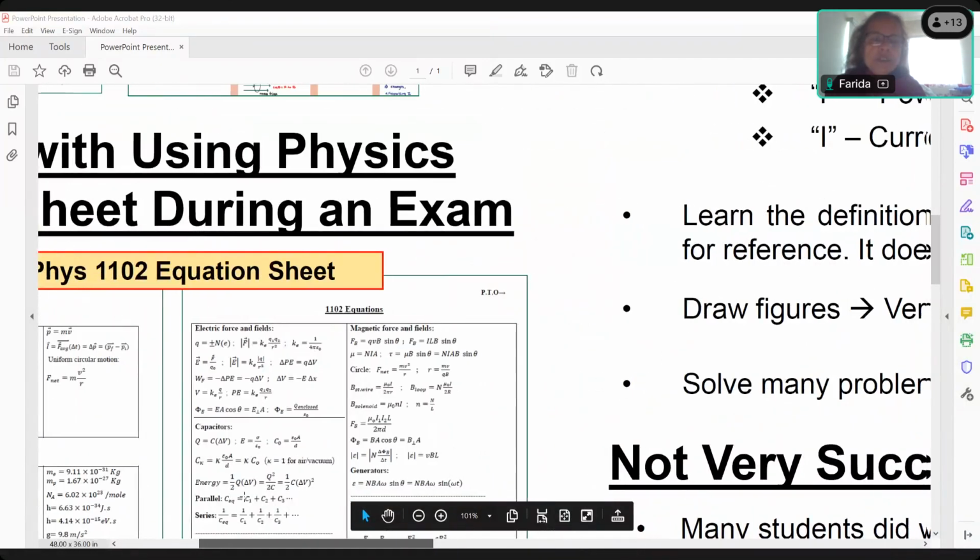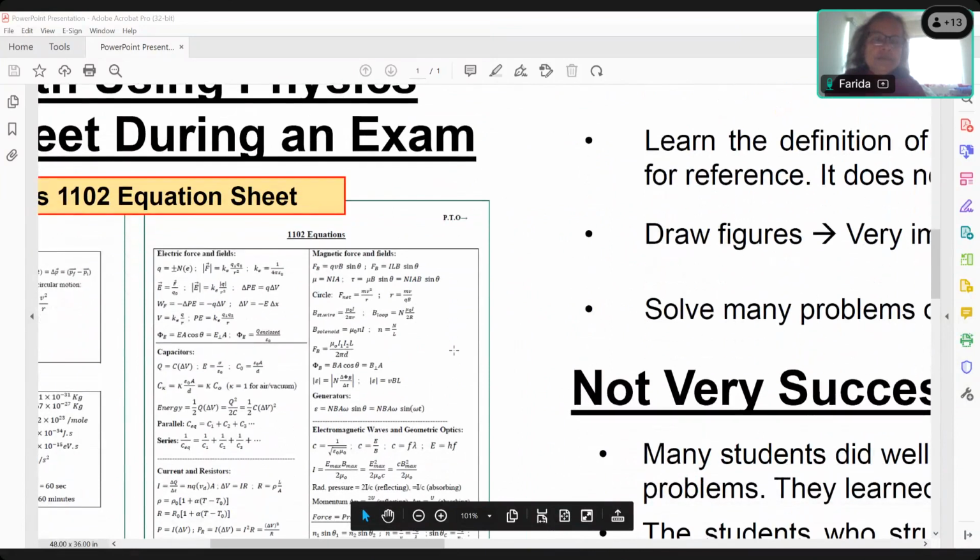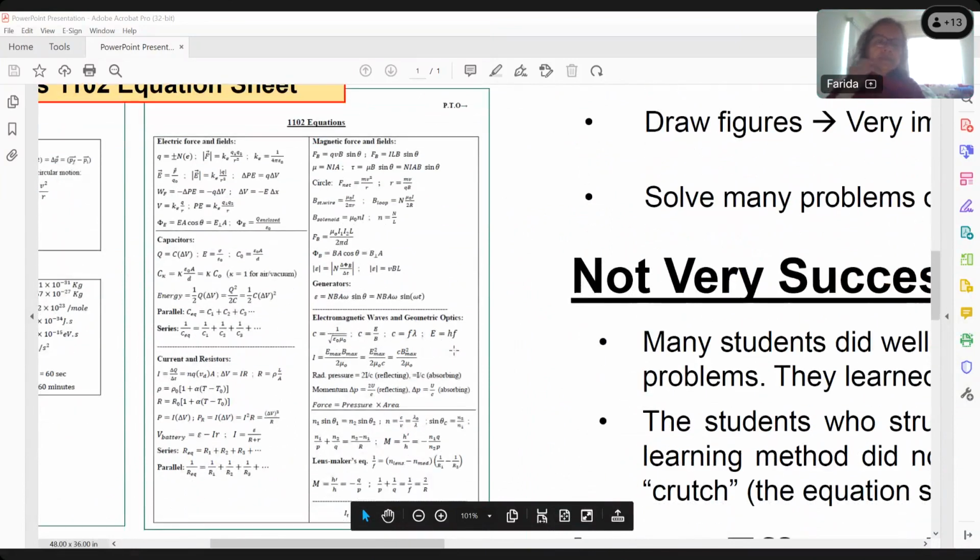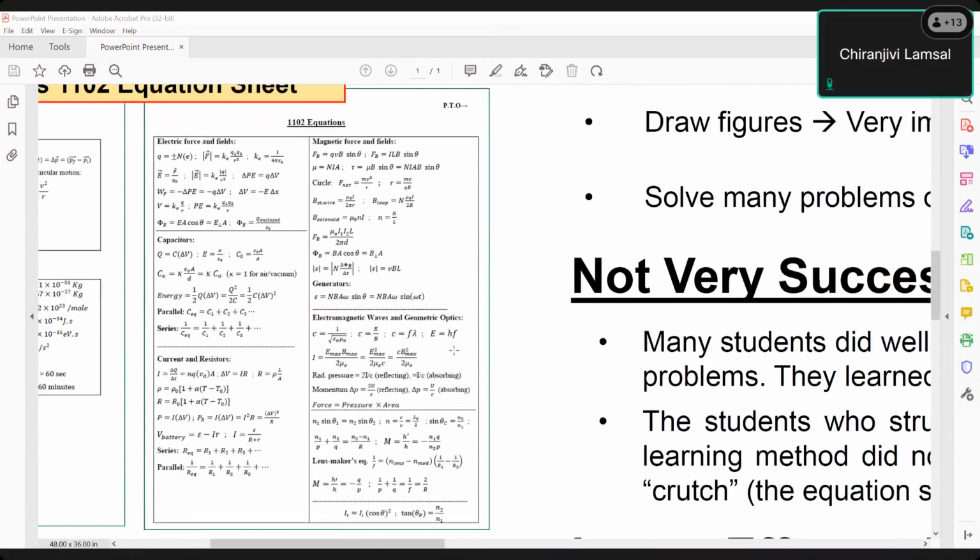So this is based on this equation sheet. And I told them that if it's, say, the second midterm, then it will be current, resistance, magnetic force and magnetic field. So they had to draw the concept map based on that.